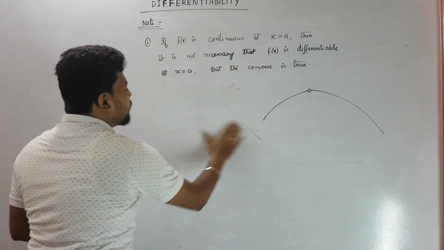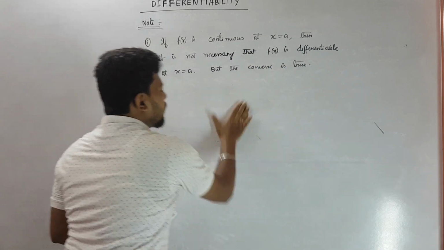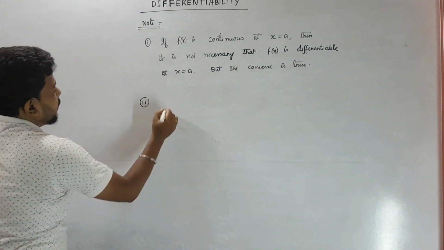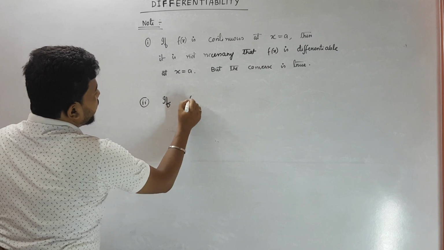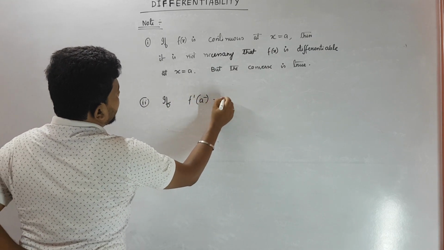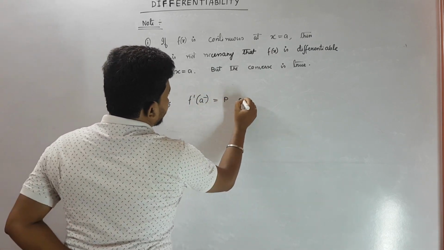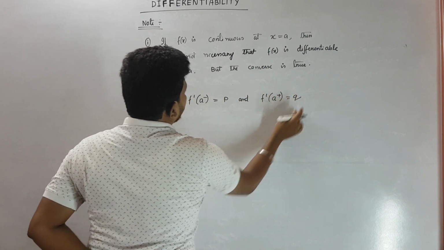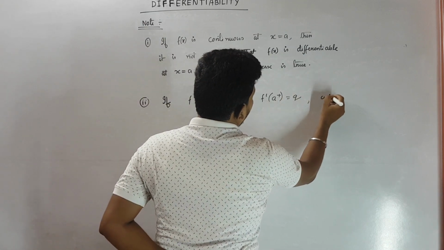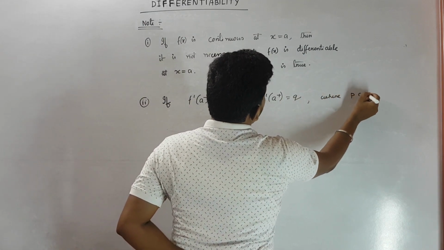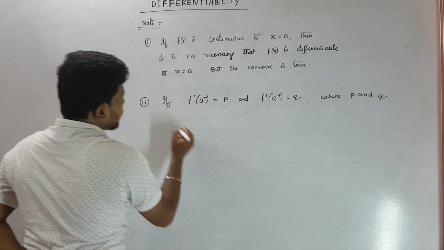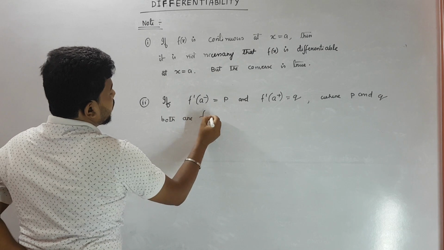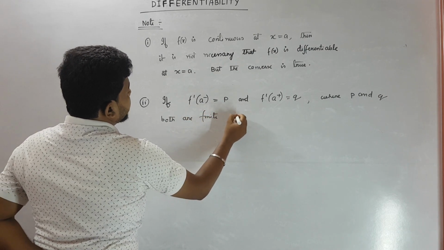Now, the second point. Number 2: if f dash a minus is equal to p and f dash a plus is equal to q, where p and q both are finite quantities.